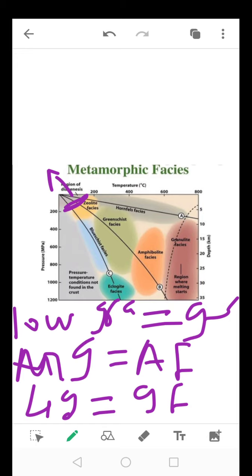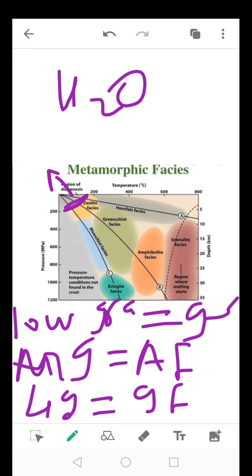Everything below that is the region of diagenesis. But above that temperature, from 150 and above, we start to see the first metamorphic facies, which is zeolite. And I've discussed already that the low grade metamorphic facies have water within their structure. The minerals will have water within their structure.